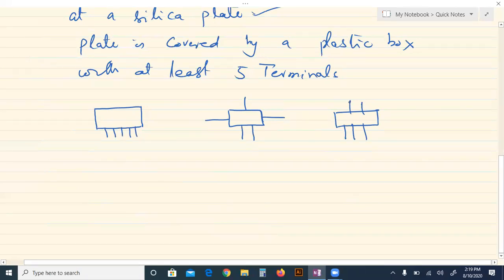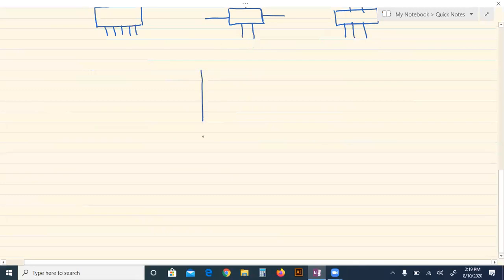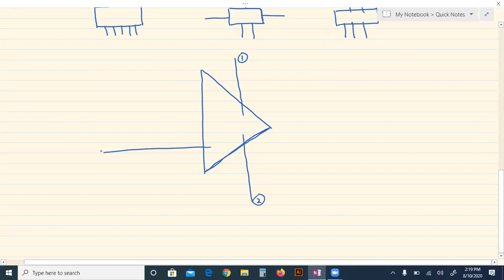But in physics, we have to use its symbol, and its symbol is like this. Its terminals are number 1, number 2, number 3, number 4, and number 5. So these are 5 terminals.